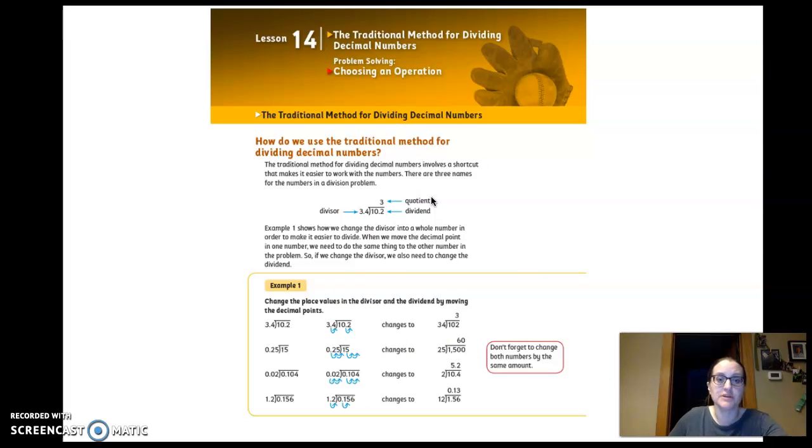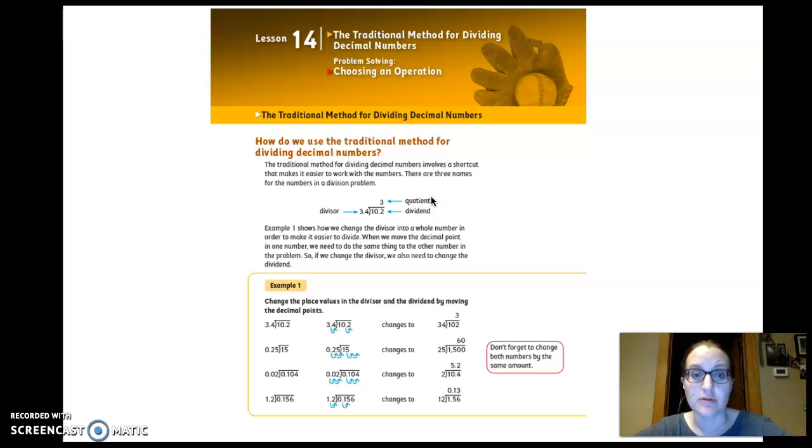So how do we use the traditional method for dividing decimal numbers? The traditional method for dividing decimal numbers involves a shortcut that makes it easier to work with the numbers. There are three names for the numbers in a division problem. So we just heard this in the tutorial. So we have the divisor, that's what we're dividing the dividend by, and then the quotient is the answer that we get.